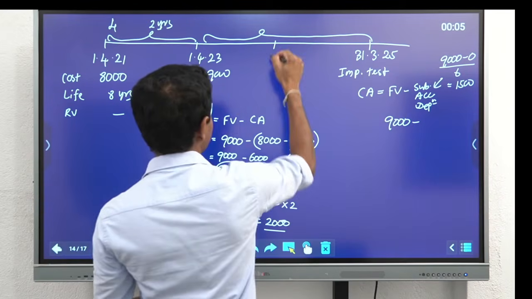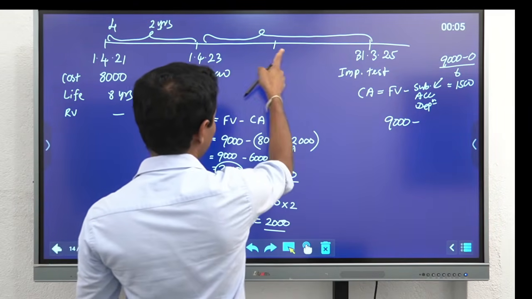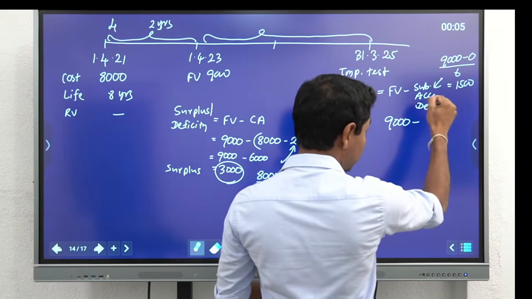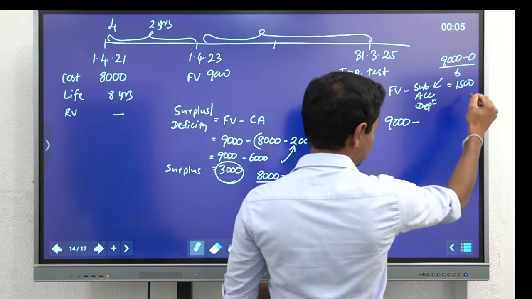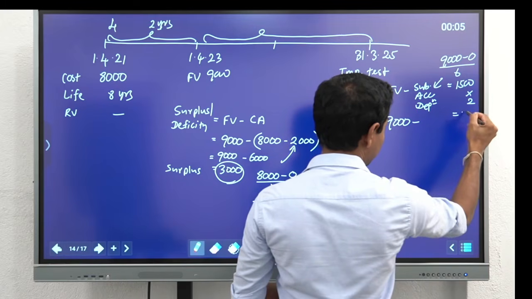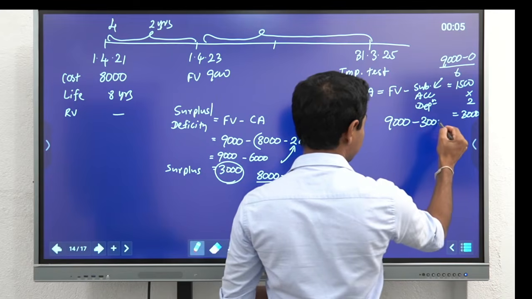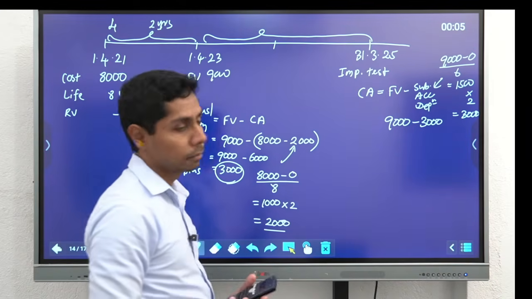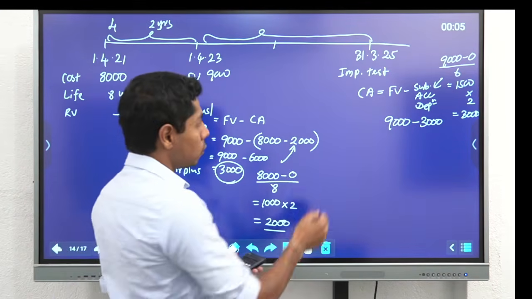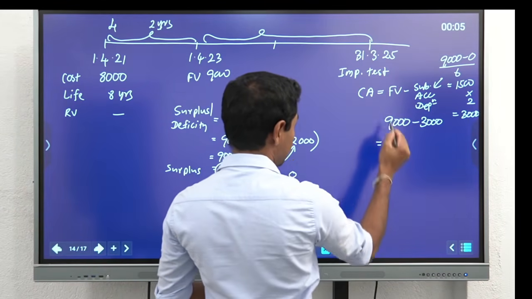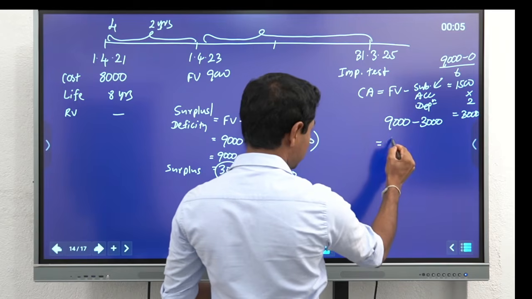But there are 2 years, so subsequent accumulated depreciation is 2 times 1,500, which is 3,000. Therefore the carrying amount of the asset as at 31st March 2025 is 9,000 minus 3,000, which is 6,000.